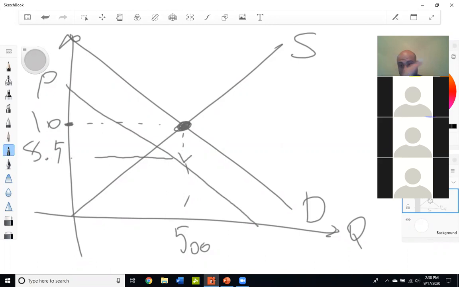Remember, when there is a non-price determinant, demand and supply curves can shift. In this case, there is a non-price determinant called tax, which is hurting the consumer. It's something bad. I don't like to pay taxes. No one does. So when I'm introduced to taxes, my demand curve shifts left, or down.